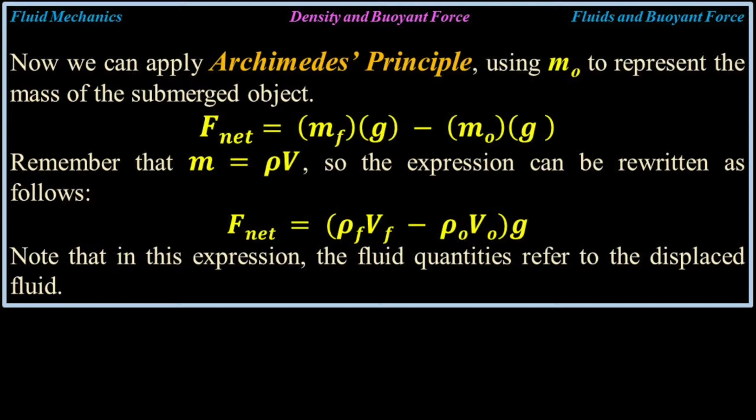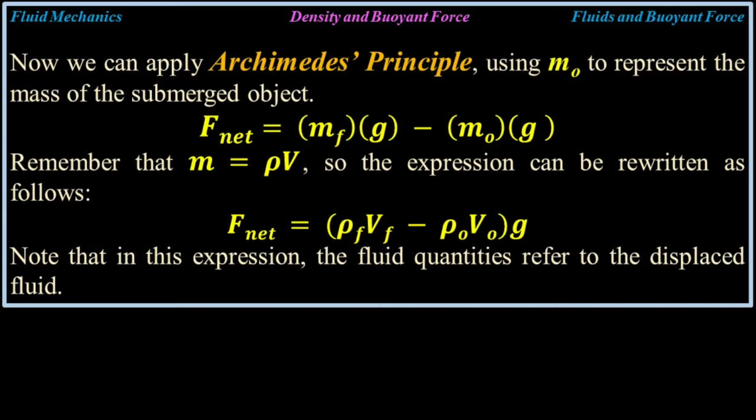Remember that m is rho V, so the expression can be rewritten as follows. F net equals the difference between the products rho f Vf minus rho naught V naught, all times g.